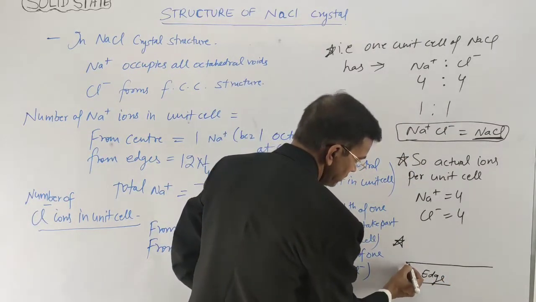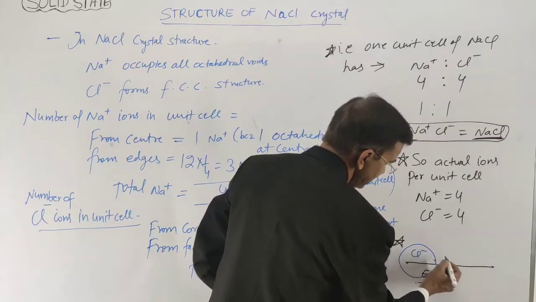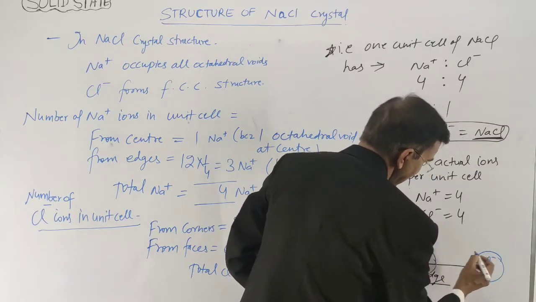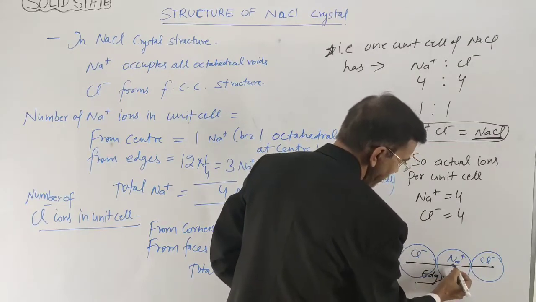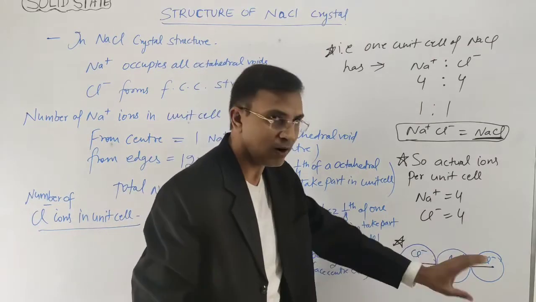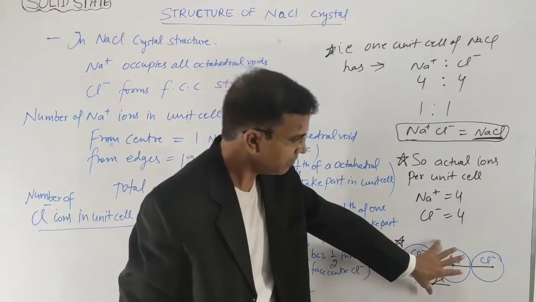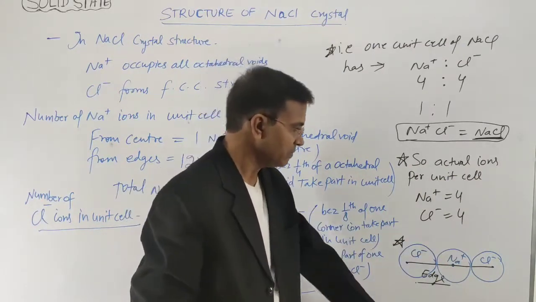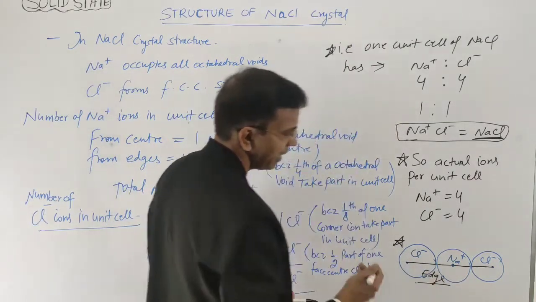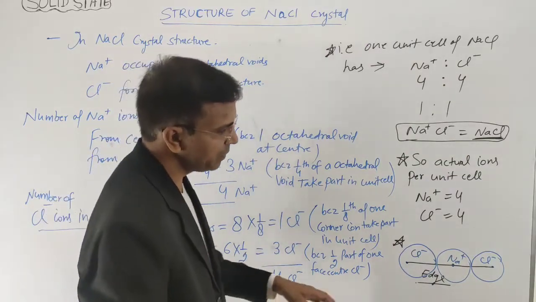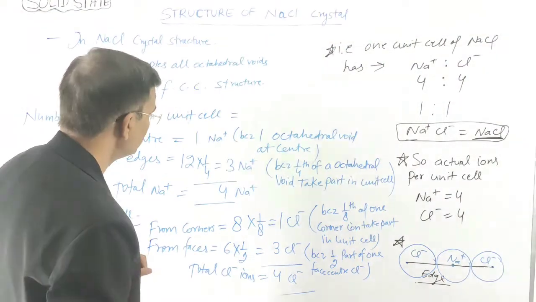At the corner there is Cl negative, here also Cl negative, and in between there is the Na positive ion at the center of the edge, right? I am talking about one edge. At all the 12 edges, the condition will be this. The closest distance of ions may be asked, and anything can be asked, so you may compare the whole thing and come to know all about the NaCl crystal.